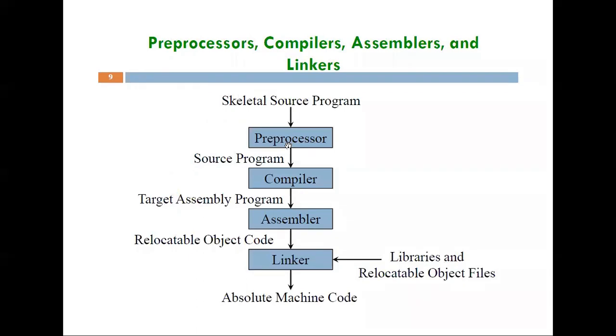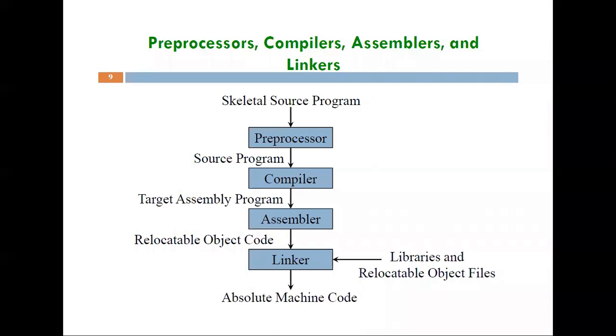In addition to the compiler, we have some other components. We call them neighbors or cousins of the compiler. What are the cousins of the compiler? If you take human relations, cousins means father's side, mother's side, or even siblings.